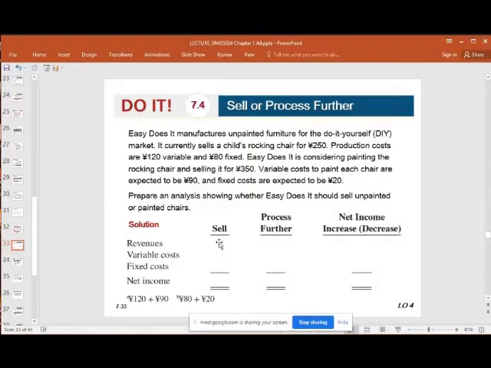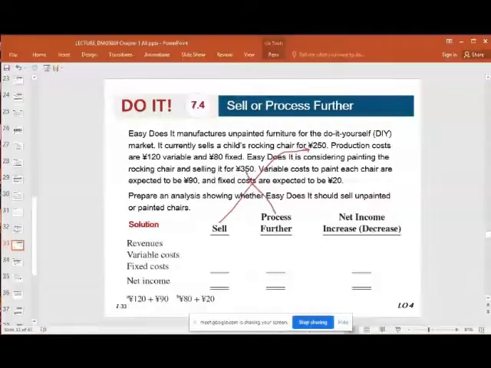Okay, so revenue. If I sell, it means I'm selling unfinished, which is this one. If I process further, it means I am selling finished. So if I sell unfinished, it says here that you sell it for 250.